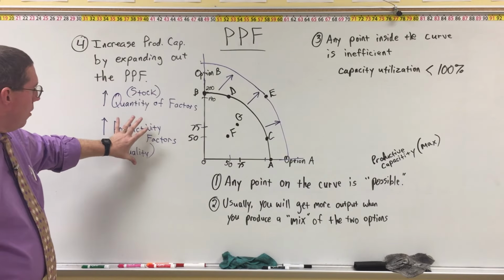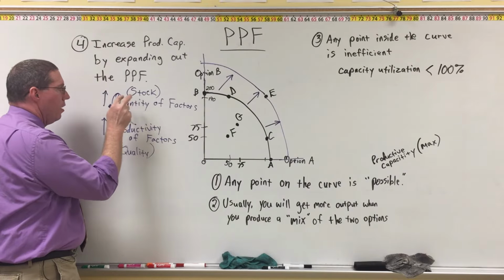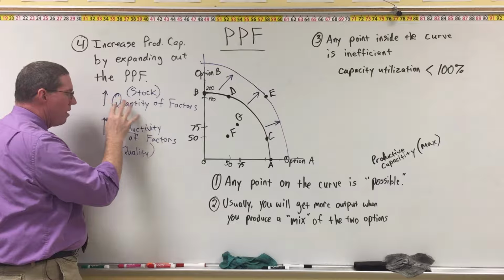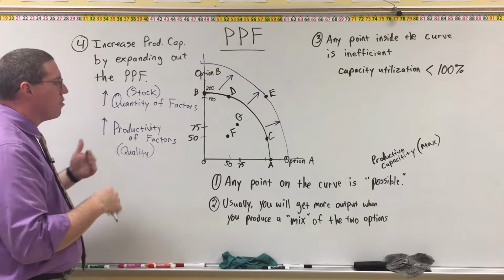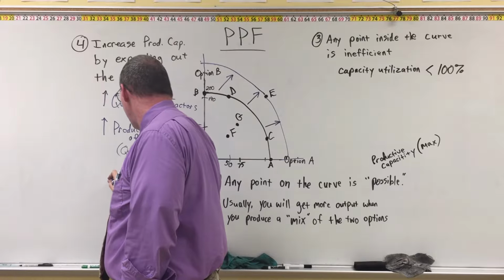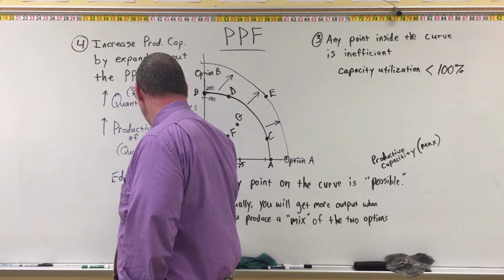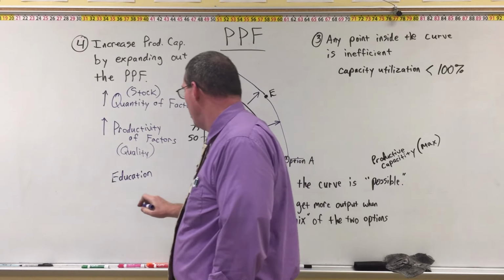is the way that we increase the stock of factors and the way that we increase the productivity of factors is usually through several things. Through education. Education will improve labor.